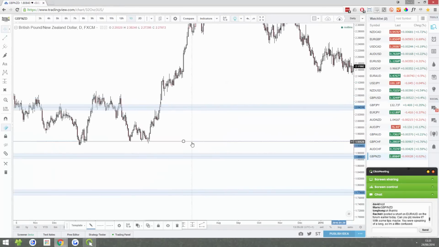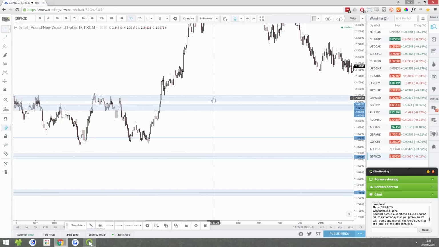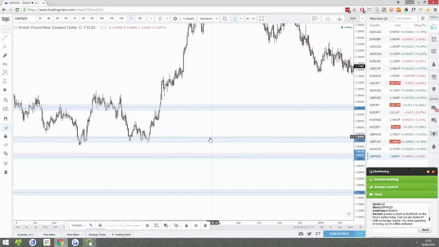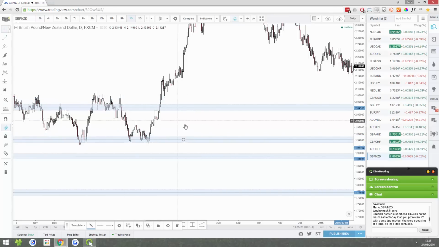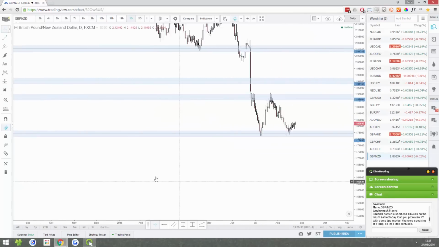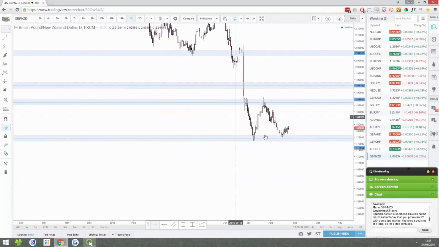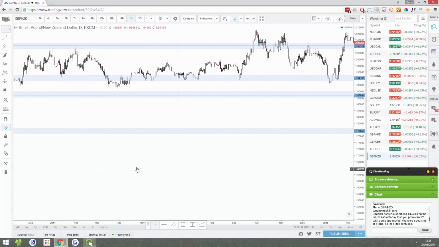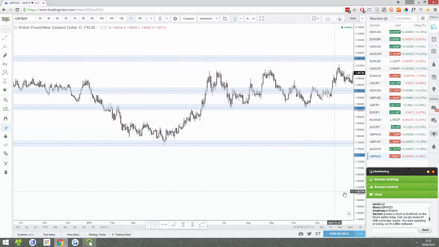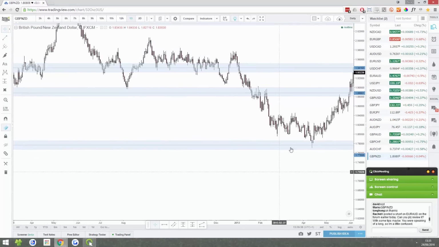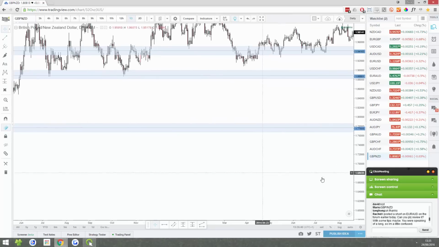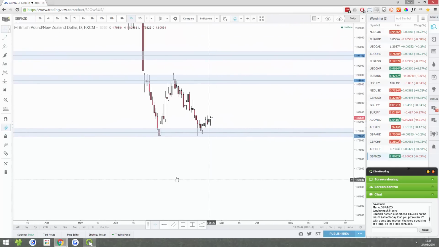Oh, there's one in between here, which doesn't surprise me. Let's not bother with the ones up there. I want to see if I can find an area in between here though, because that's where price currently is. We're back to 2013. I'm just going to avoid that.